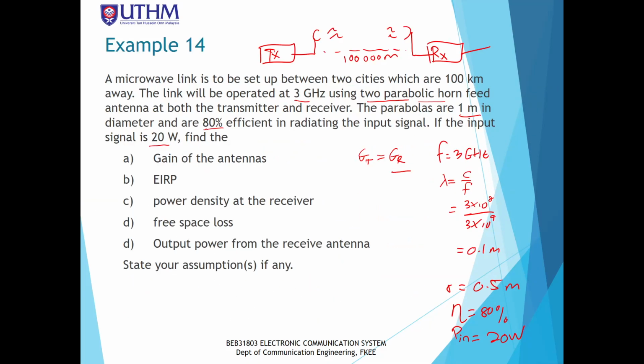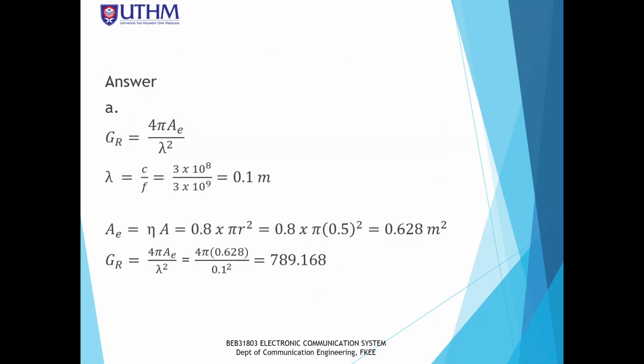So GR is equal to 4 pi AE divided by lambda square. We already found the lambda, 0.1 meter. AE is the effective area of the antenna, so efficiency multiplied with the actual area. Efficiency is 80% or 0.8, multiplied with the actual area of the antenna surface. This is a parabolic antenna, and its surface is a circular shape, so the area is pi r square.